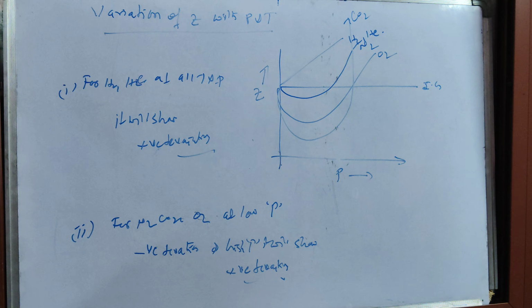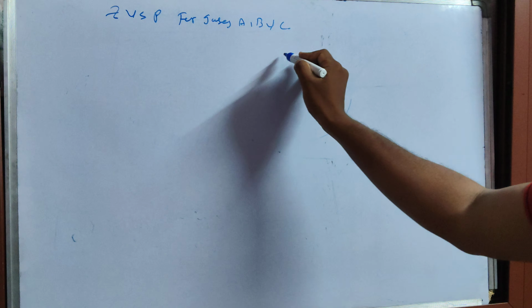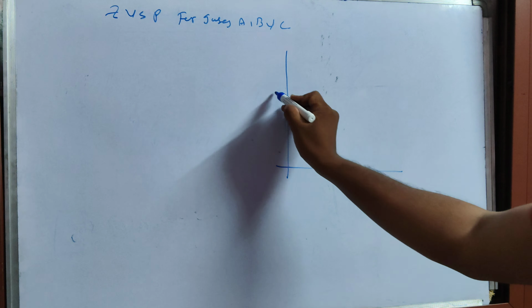Next, take the example of Z versus pressure for gases A, B and C. What you observe if you take the graph, this is Z versus pressure, and these are different gases, A, B and C. What question will be asked? Arrange the gases A, B and C in order of increasing attractive forces.